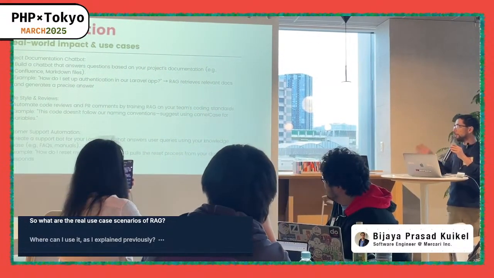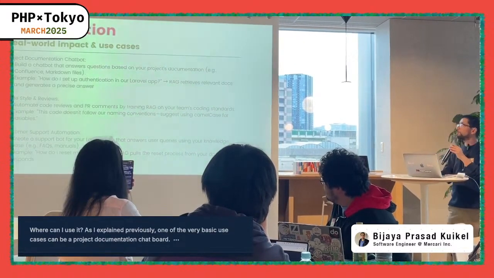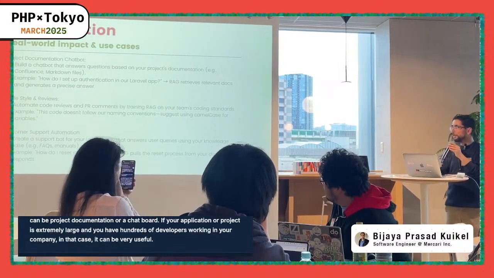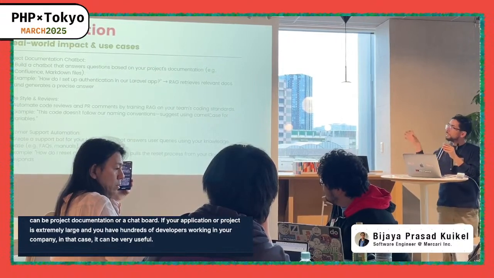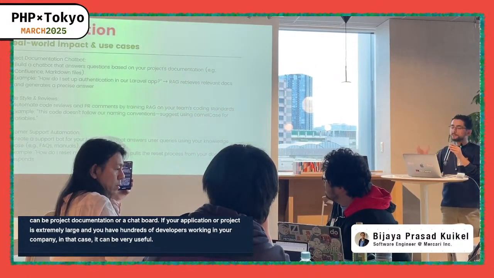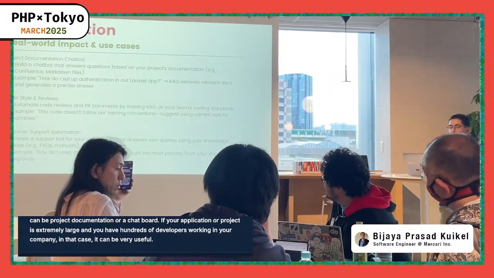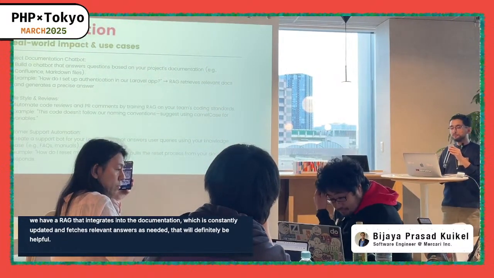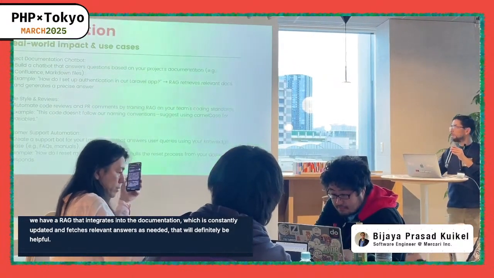If your project is extremely huge and you have hundreds and hundreds of developers working in your company, the knowledge base is definitely going to be large, and if we have some sort of RAG which can feed into the documentation, which constantly gets updated every day, and fetches the relevant answer as per our need, that will definitely help. Other use cases can be code style and reviews, and customer support automation. These are the very basic things we can use RAG for.